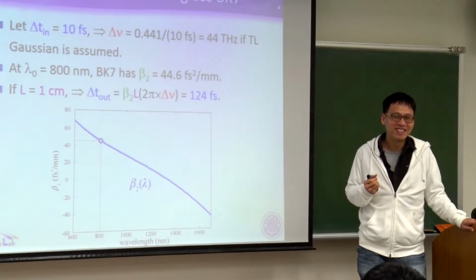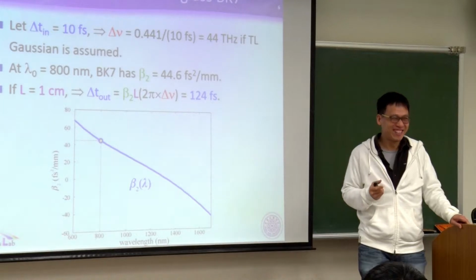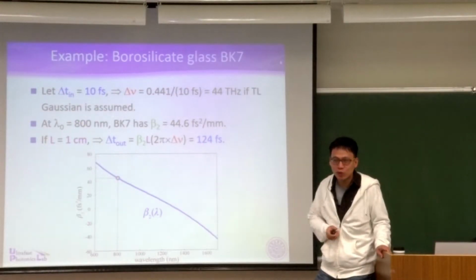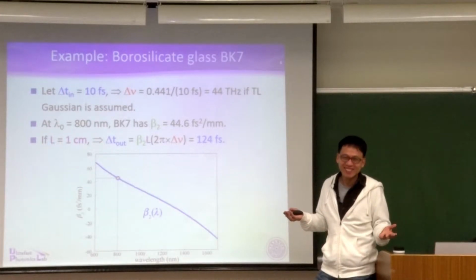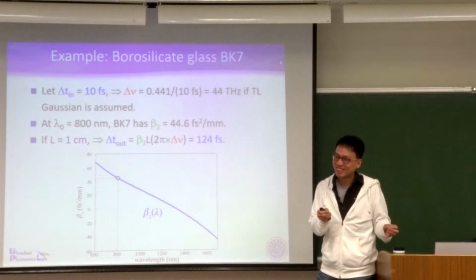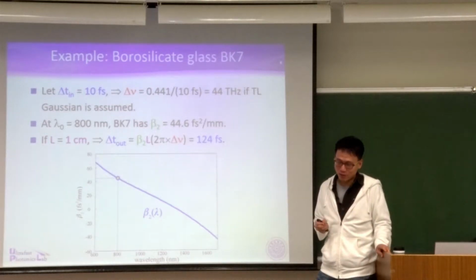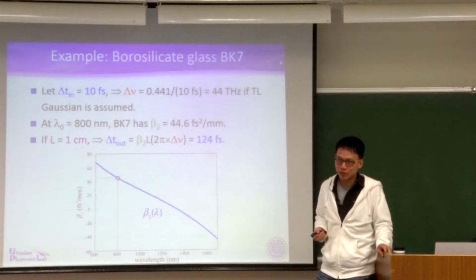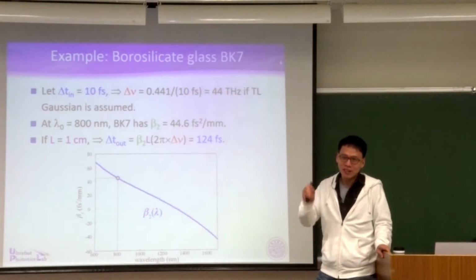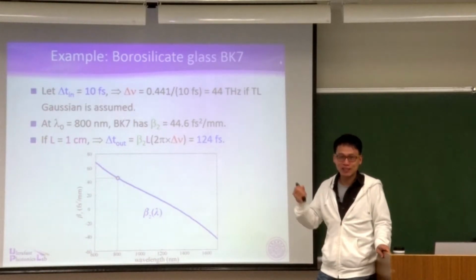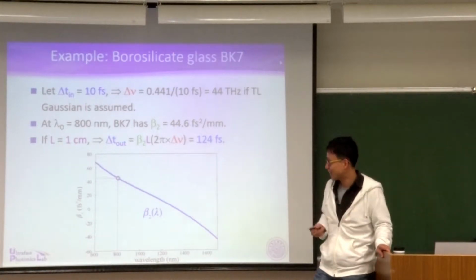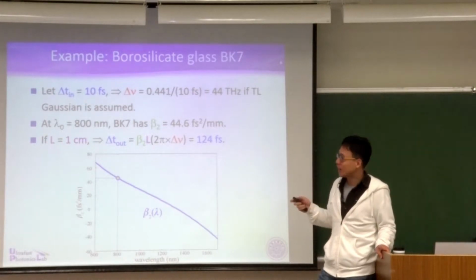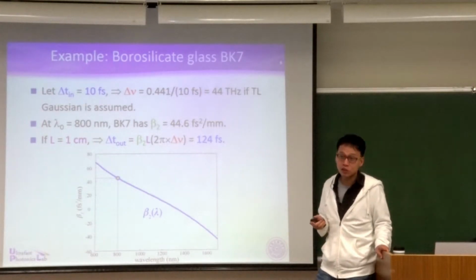You might not be able to calculate from this graph. Correct. If you still use this formula, you will get 1.24 femtosecond. It's post-compression. 10 femtosecond in, 1.2 femtosecond out. Wow, what a wonderful work. Without doing anything, just use 0.1 millimeter thick glass. You got a post-compression of a factor maybe 7 or 8. It's impossible. In that case, this formula is no longer useful.